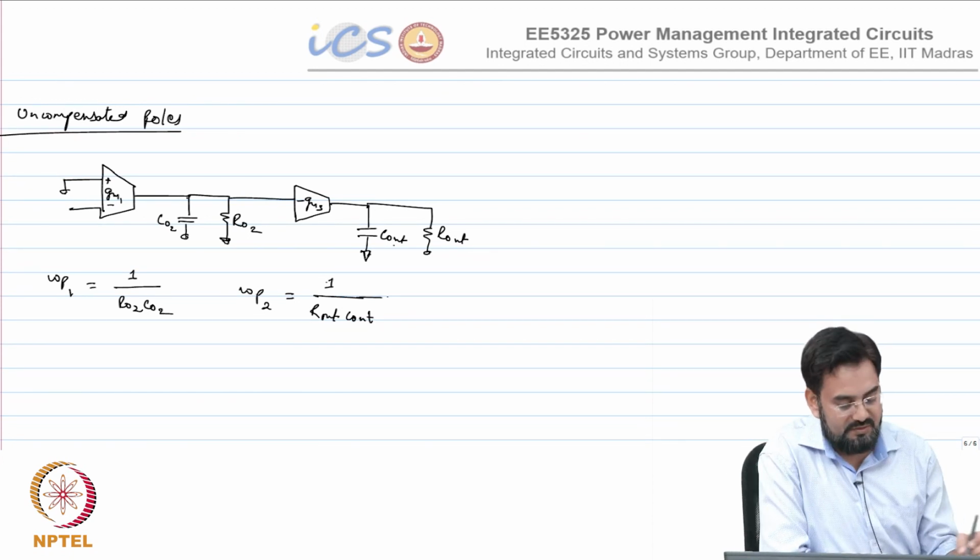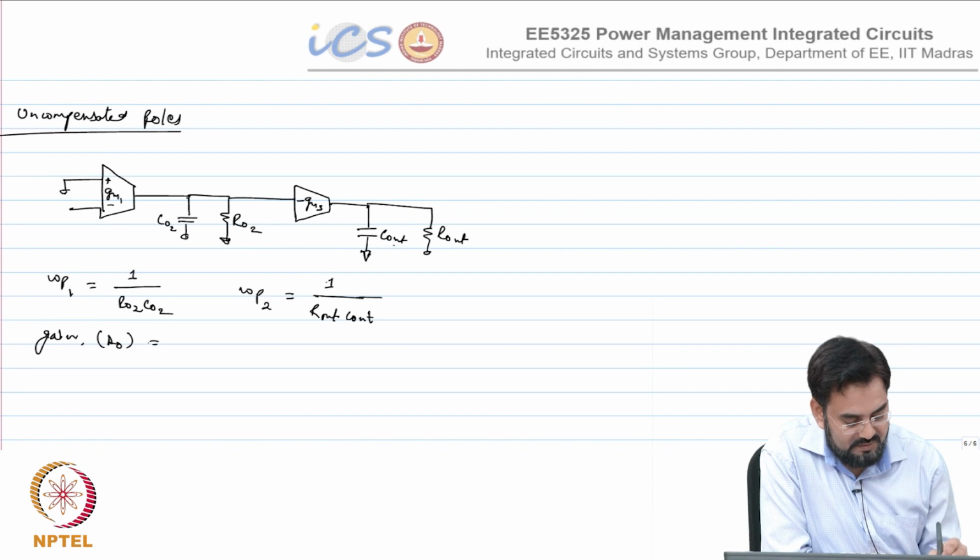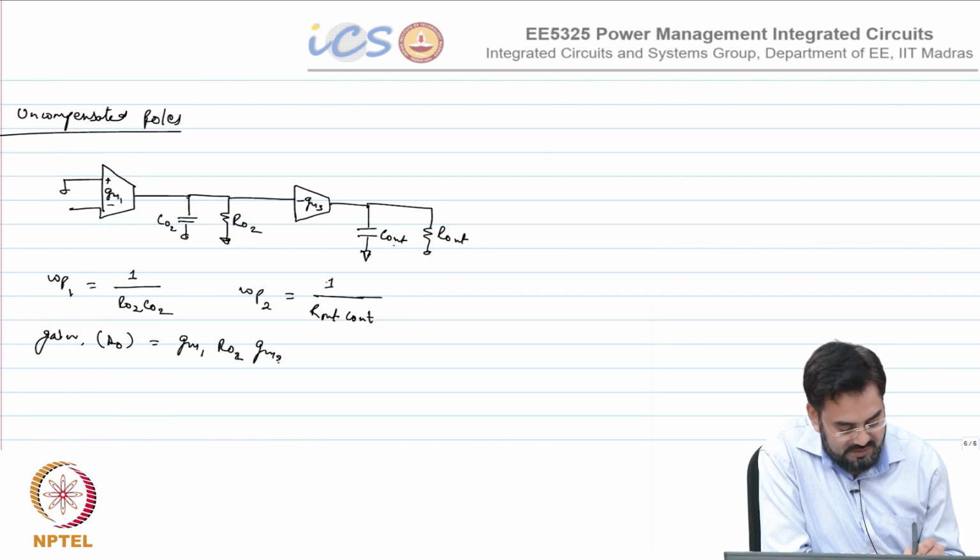Okay. And your gain is DC gain, which is A naught, GM1 RO2 and GM3 R out.